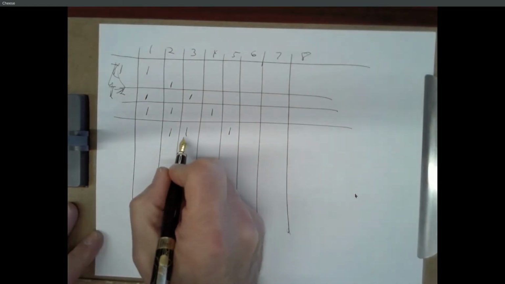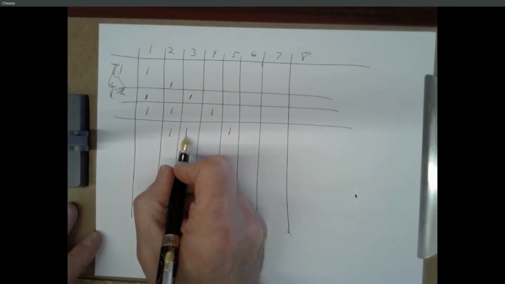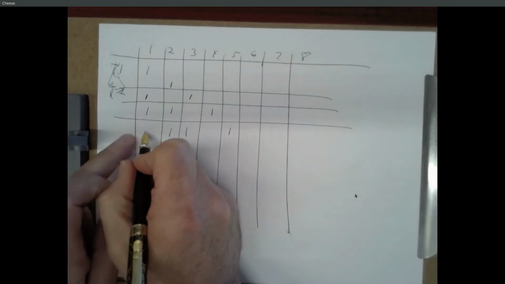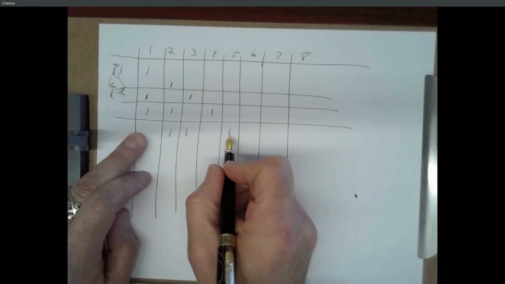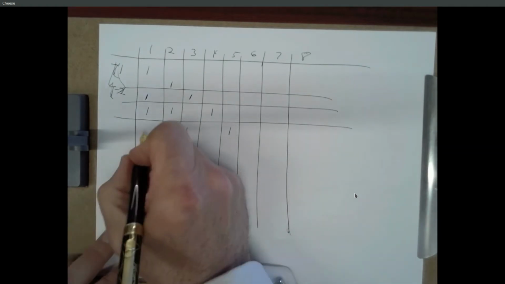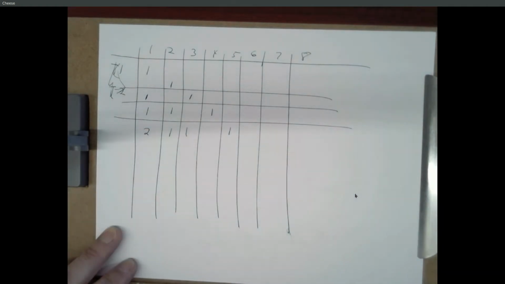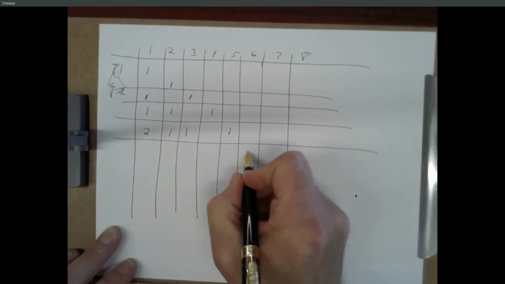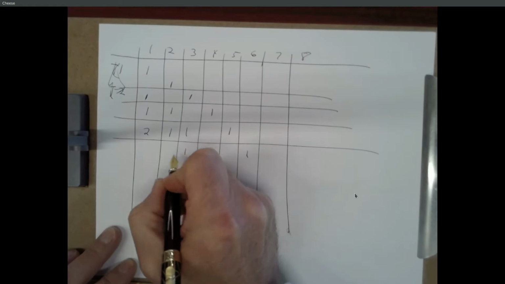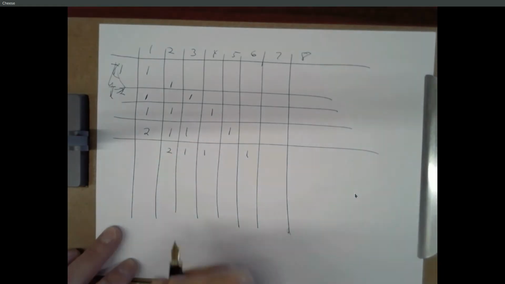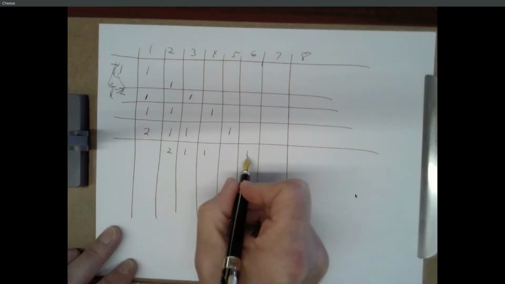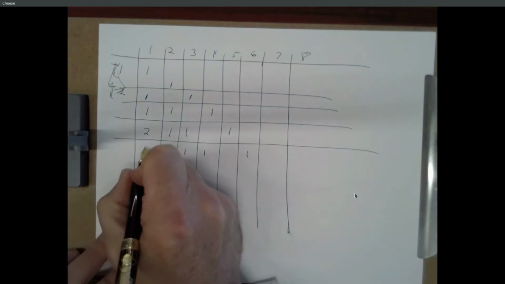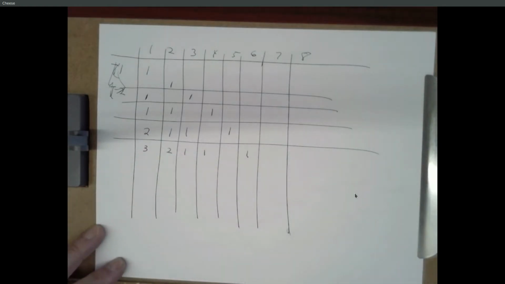Well, now this pair is over 2 months, so they're going to have a new rabbit. And this pair is 5 months old, so they're going to have a new offspring. So we're going to have 2 newborn rabbits here. And the next month, everybody ages. And now we've got 1, 2, 3 rabbits that are old enough to reproduce, so we're going to have 3 newborns.